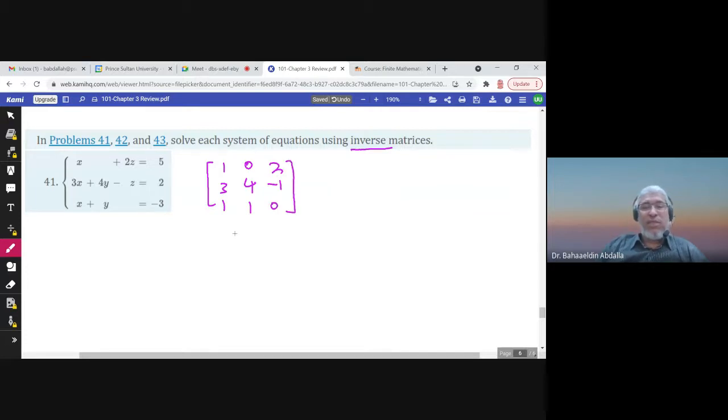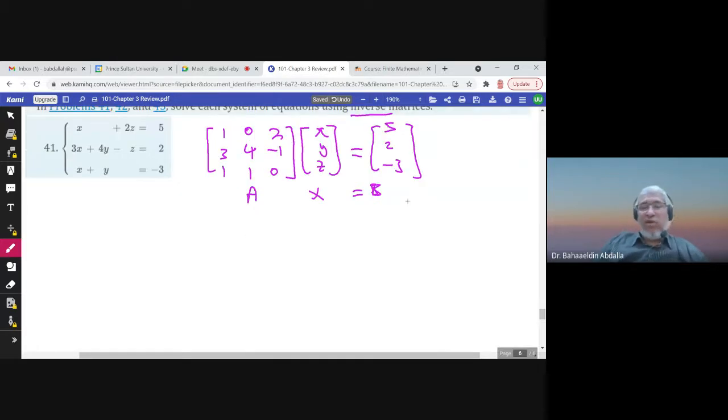This is the matrix A, or the coefficient matrix, times x, y, z, the unknown, equals the matrix B, which is the matrix of constants. And now to solve this system, we need to find A inverse.